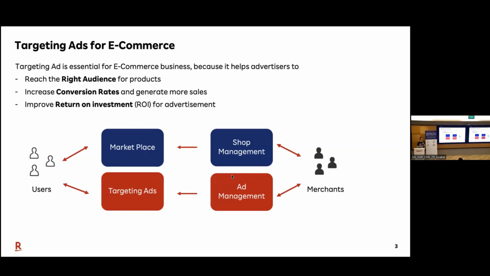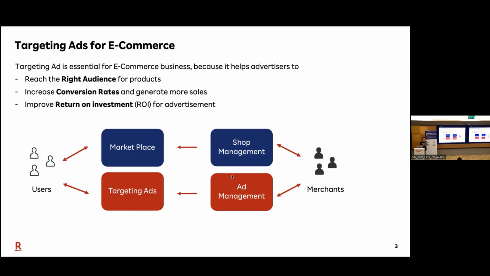Rakuten, as an e-commerce company, has many types of ads. We usually categorize them into multiple areas. It can be non-targeting or targeted. Non-targeting ads are very classic ads, for example banner ads. We show a picture of a brand, which we call branding ads, to promote some of the brands.